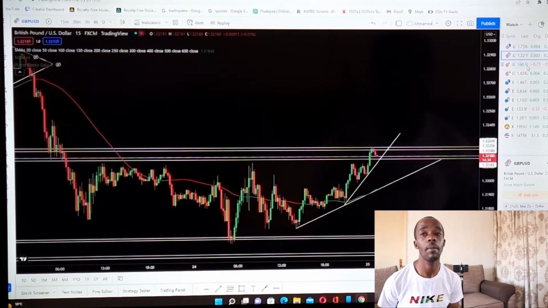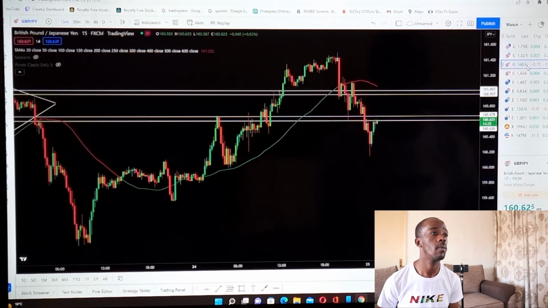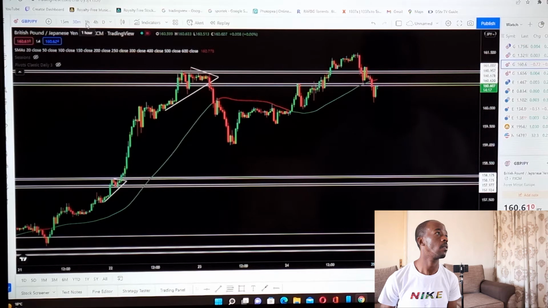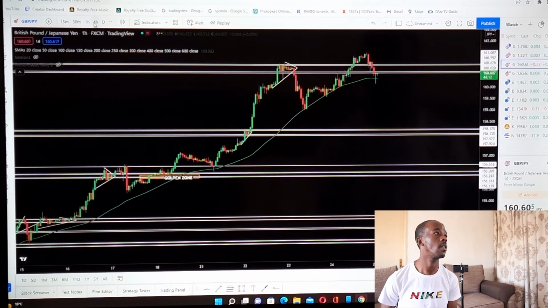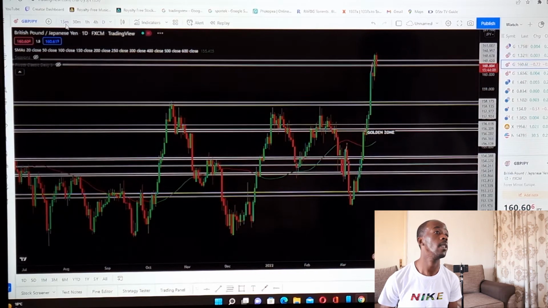Okay, but remember, I trade at 10 a.m. South African time. So on GBP JPY, the market has already made its move, so we can't trade this one, I think, because even on 30 minutes, sellers are dominating, 1 hour buyers are still dominating, and 4 hour buyers are still dominating, daily buyers are dominating, guys.